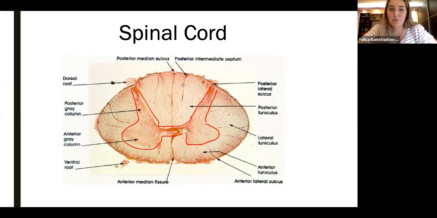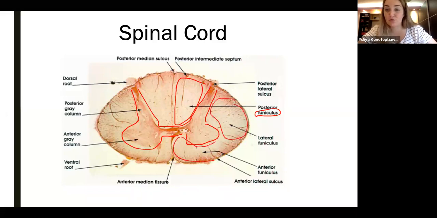Surrounding the gray matter, we have the white matter, and white matter is organized into funiculi. This particular organization of the white matter we call a funiculus. There are 3 funiculi: the posterior funiculus, the lateral funiculus, and the anterior funiculus.